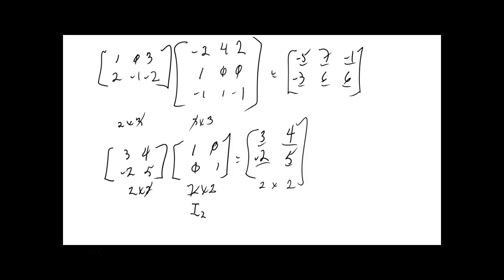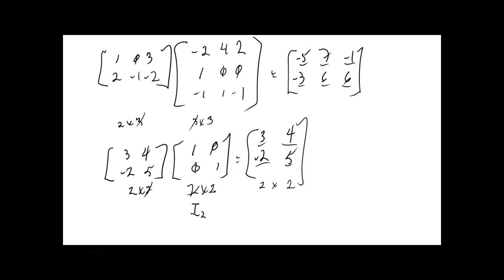If you multiply any matrix with 2 columns by the I2, you're going to get that same matrix. If this was a 7 by 2, multiply it by that, you get a 7 by 2, exactly the same. It is called the identity matrix. I'm jumping ahead, but that's indeed true.